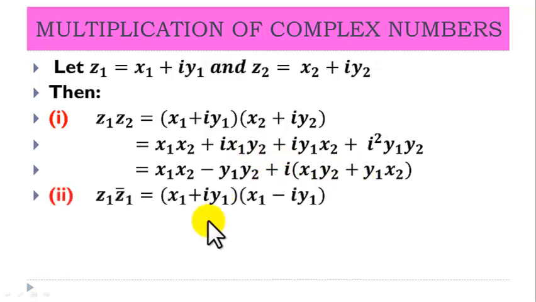2. Let us multiply z1 by bar z1. This is equal to (x1 plus iy1) times (x1 minus iy1).